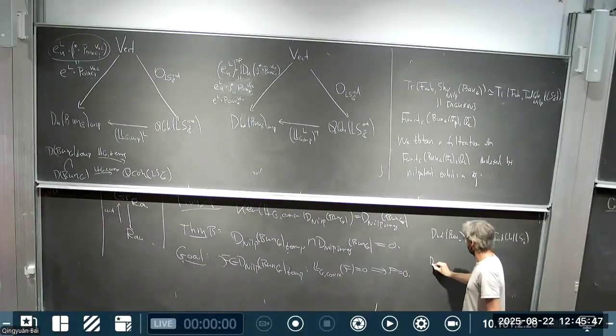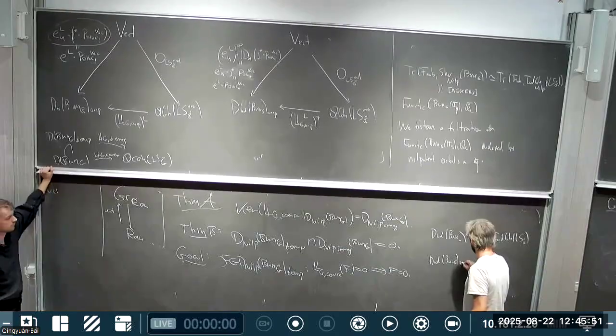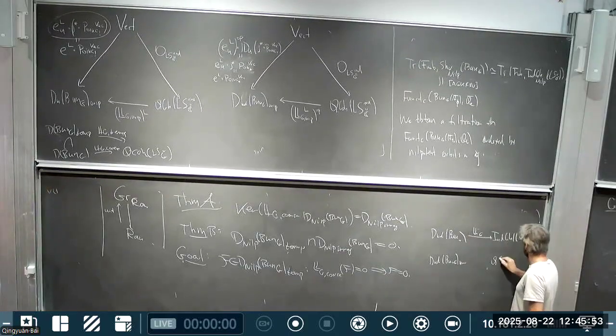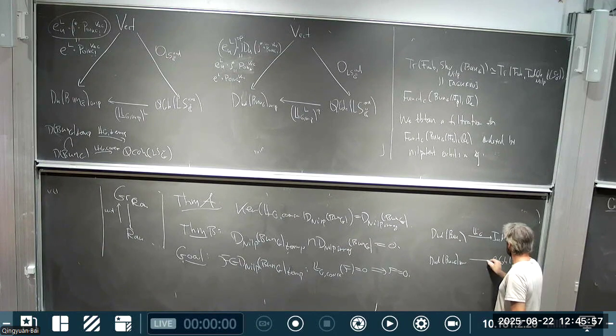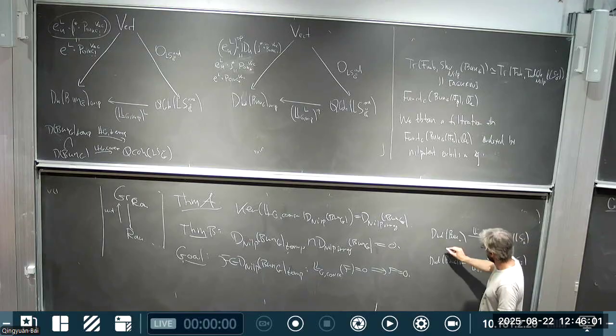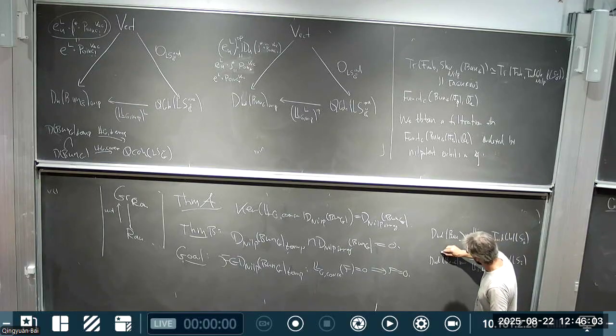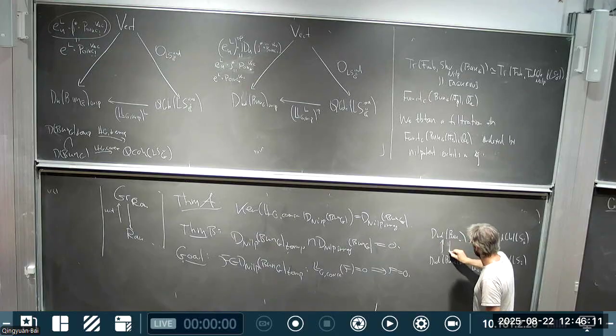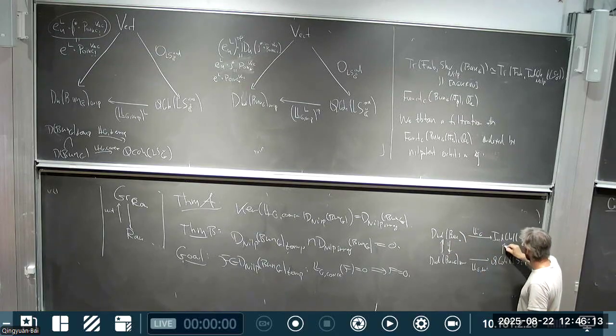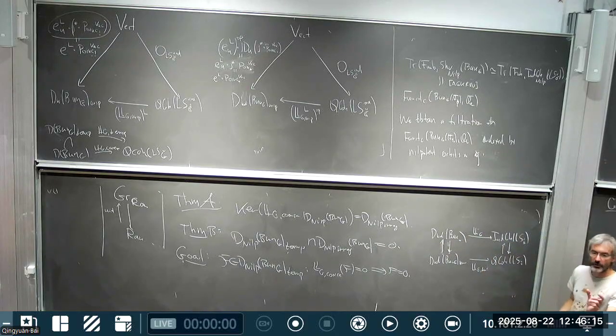Inside here you have D(Bun_G)^temp, and here you have QCoh. Here is what we call the tempering functor. Now there is an embedding and its left adjoint, and both squares commute. It commutes this way or this way.